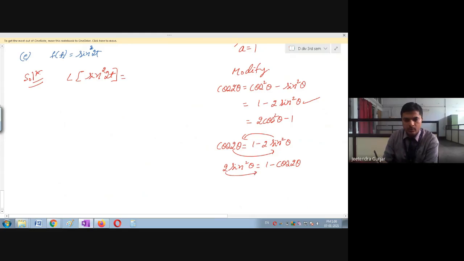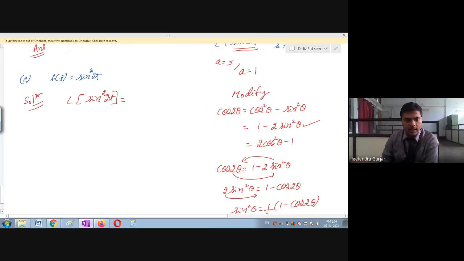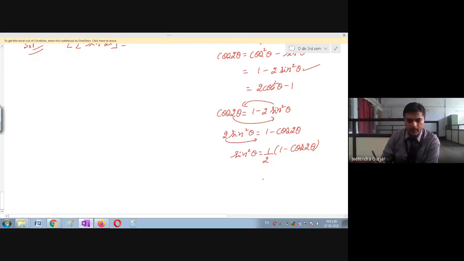Again I will bring 2 to this side, therefore sine square theta is equal to 1 upon 2 times 1 minus cos 2 theta. Is it clear? Now you can see here theta is 2t. Okay, no problem. Theta is 2t. So wherever theta is there, I will write this as 2t.